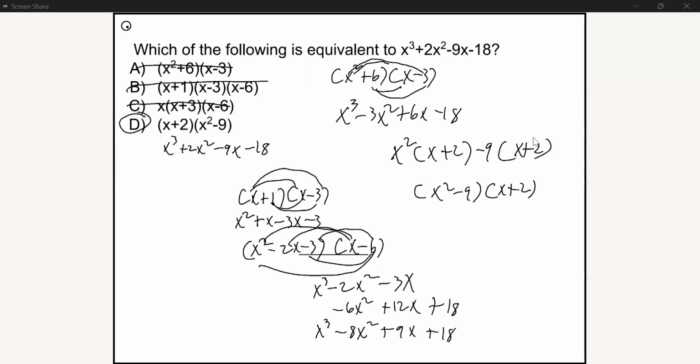And you could factor x squared minus 9. The answer wasn't written like that, but it could have been x plus 3, x minus 3, x plus 2, but that didn't happen, and that's okay. So our answer is D. You could factor that way, but I want to show you if you're stuck on factoring, you could always use these answer choices to help you.